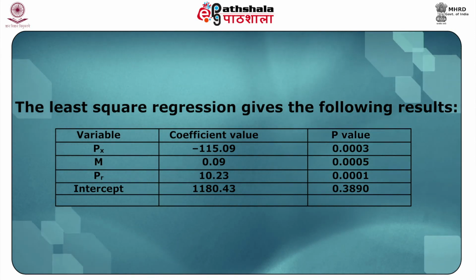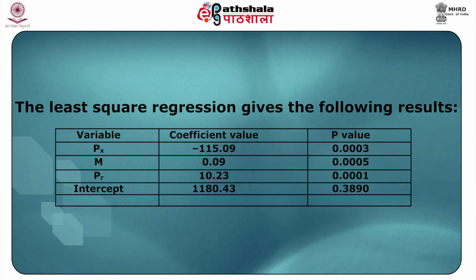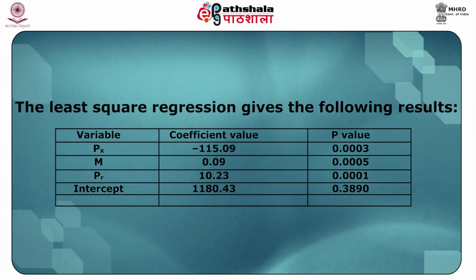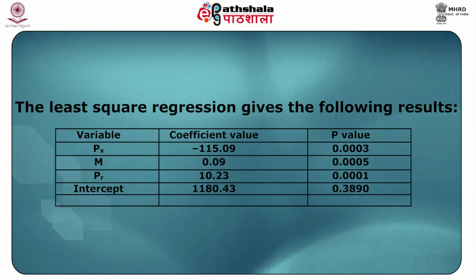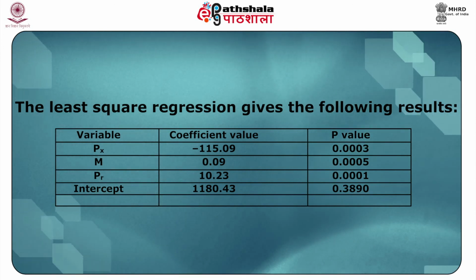For M, coefficient value is 0.09 and p-value is 0.0005, and for PR, coefficient value is 10.23 and p-value is 0.0001.